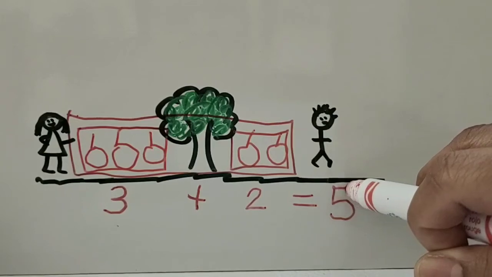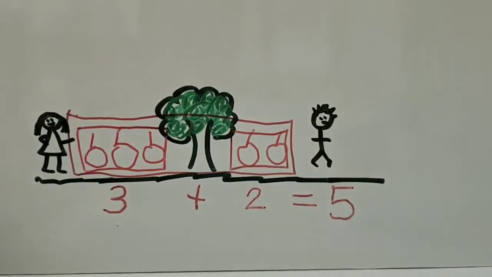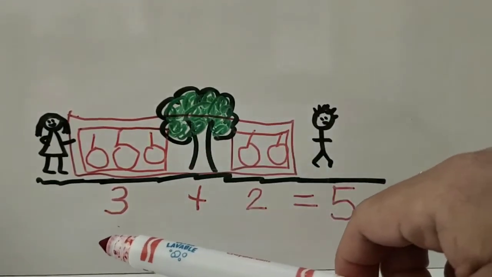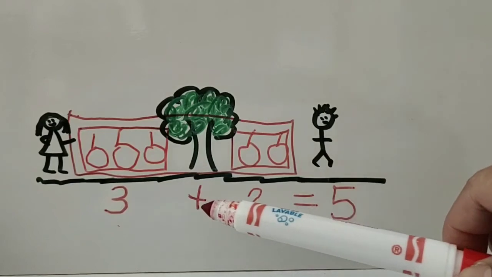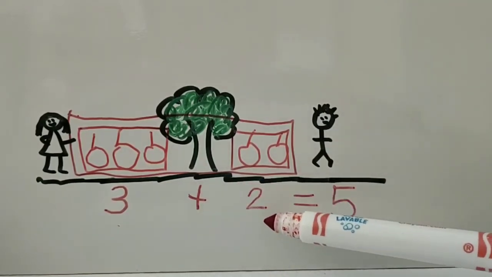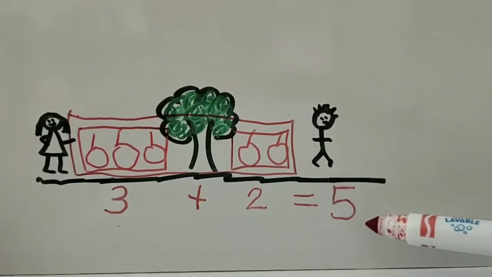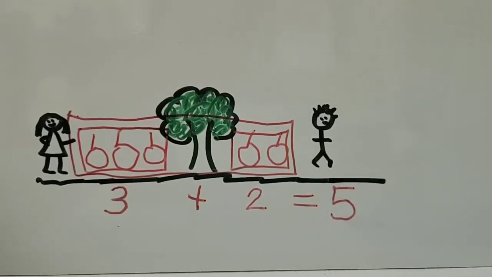Give it a hat. I've written 5. Good job, boys and girls. Can we read it all together now? Let's read our math sentence from left to right. 3 plus 2 equals 5. Nice job. Let's have another story.